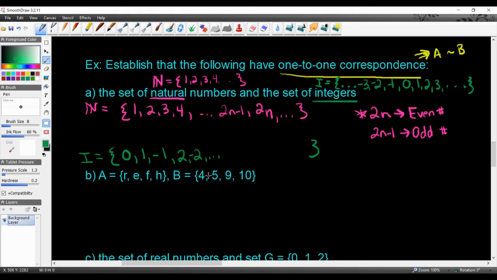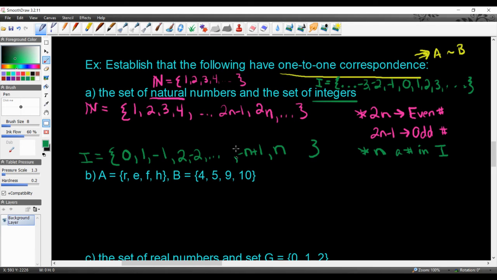And at some point, we're going to get to some number n, just like we have the 2n over here. And n is just some number in the integers. And so one number before that would be -n plus 1.